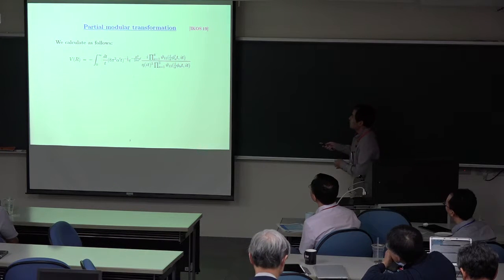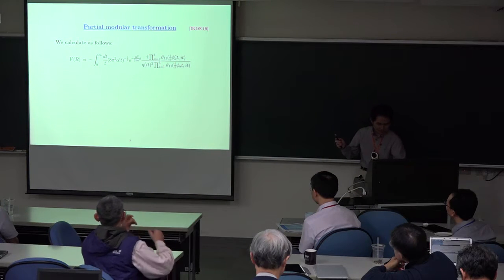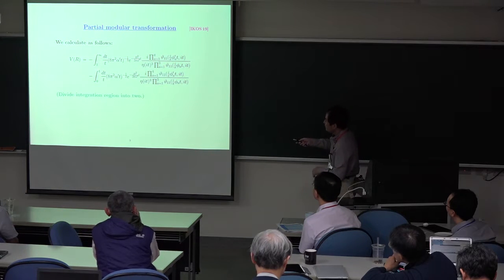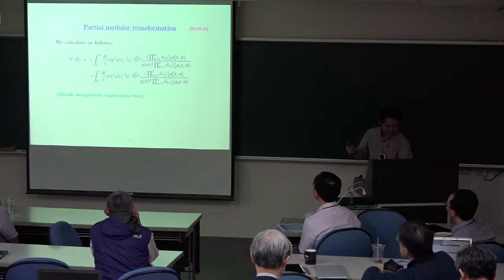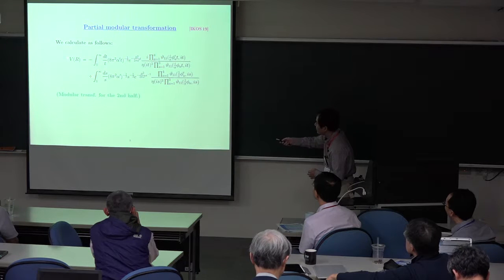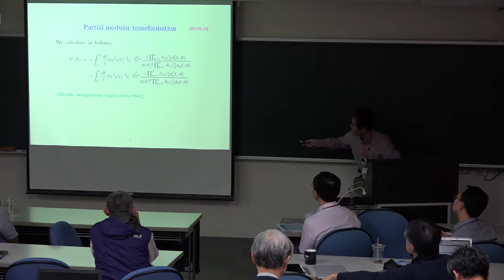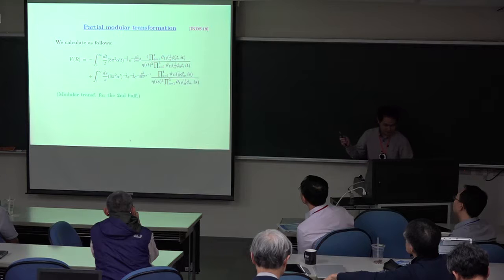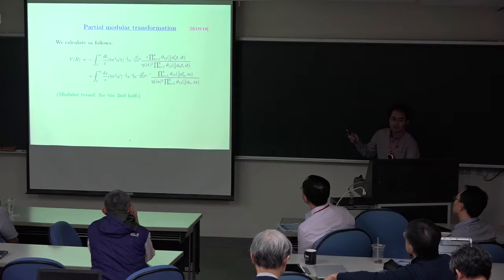Let's start from this one. This is the starting equation. Then divide the integration region into two, and do the modular transformation only for the second one. Usually this is from 0 to 1, and this becomes 1 to infinity. Up to here, this is just the exact computation.